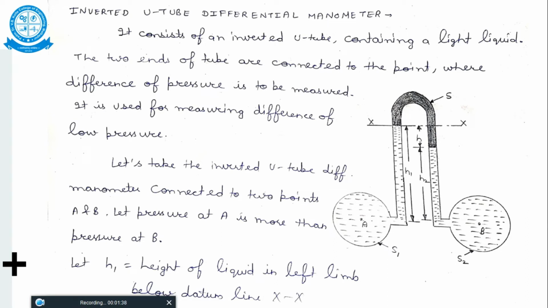Okay, so let's take the inverted U-tube differential manometer connected to points A and B. The pressure at point A is more than the pressure at point B. It is assumed that the pressure at point A is more than the pressure at point B. H1 will be the height of liquid in the left limb below the datum line XX.